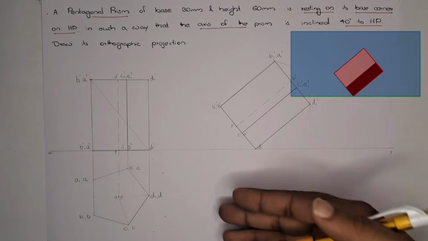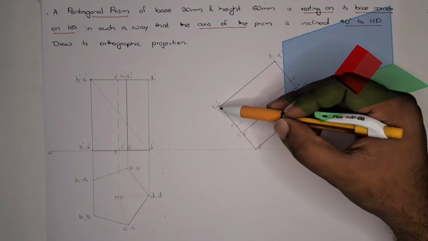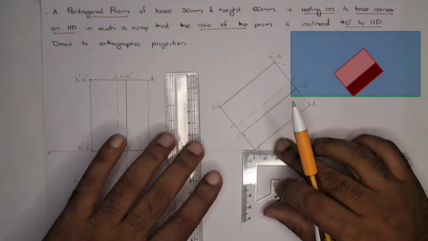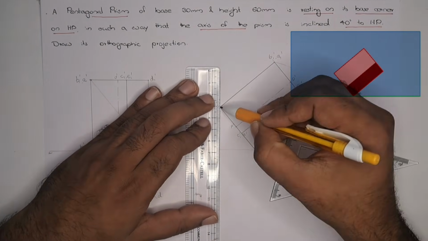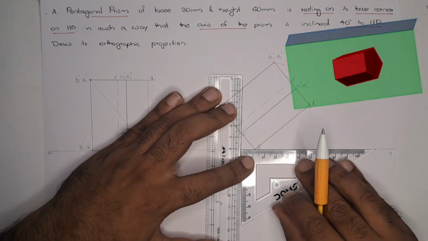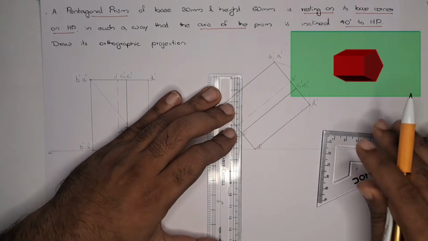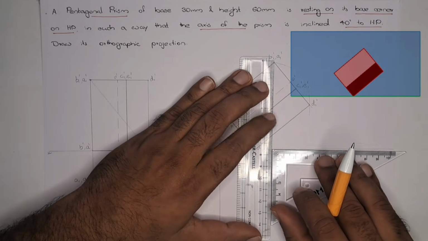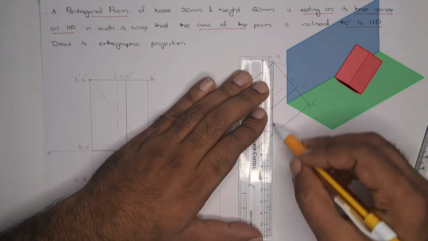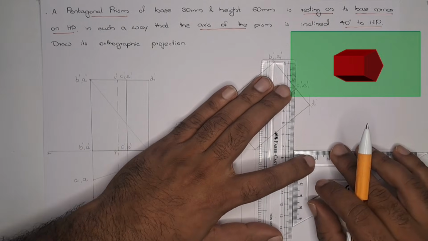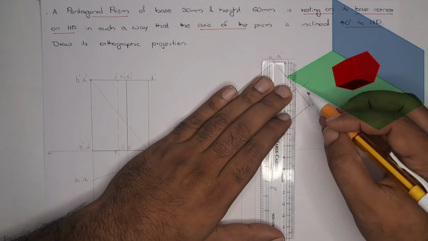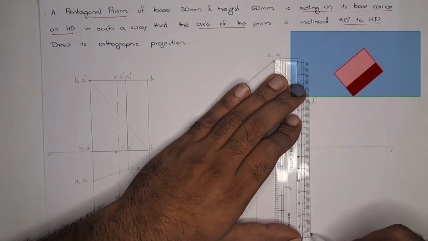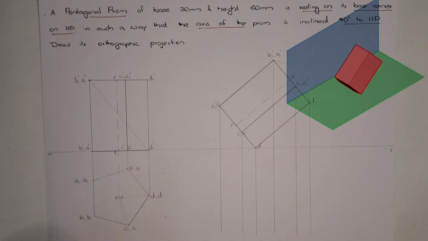Now we need to draw vertical lines from each corner. Now we have to draw the horizontal lines from here.